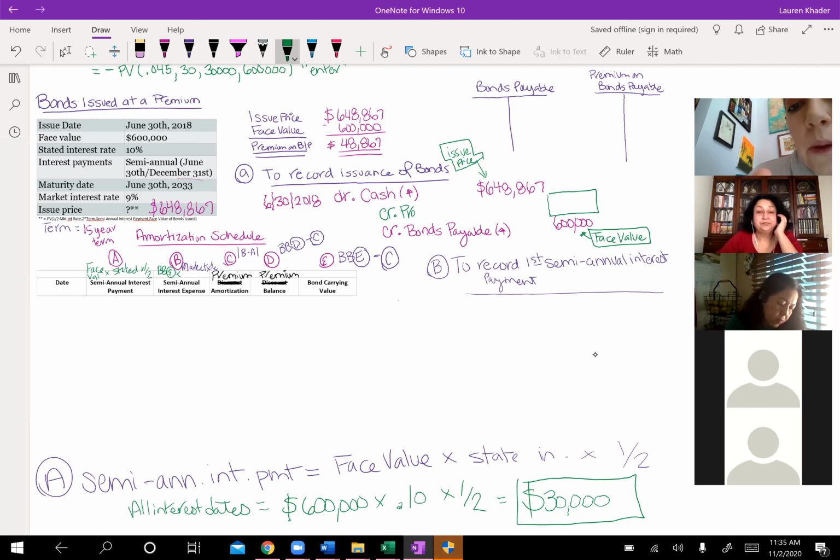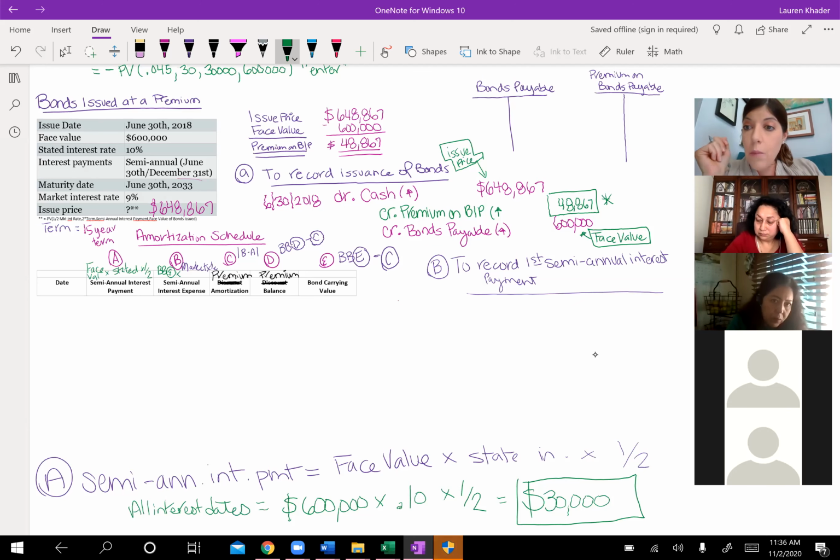Premium on bonds payable is a liability account. So it increases with a credit, 48,867. So if you look at the issue date for the discounted bond, the only difference here is that we would debit discount on bonds payable. When we have a premium, we have a credit to that account. That's the only difference in the journal entry portion.